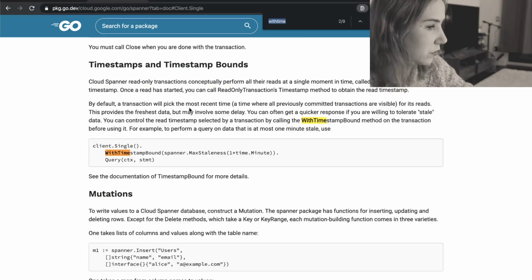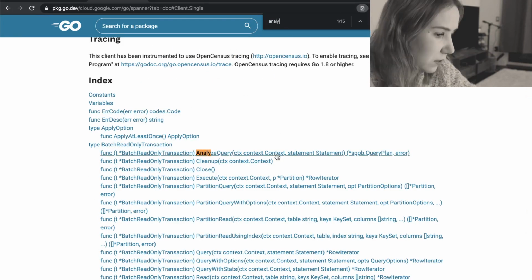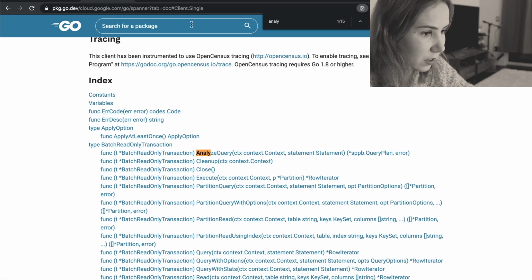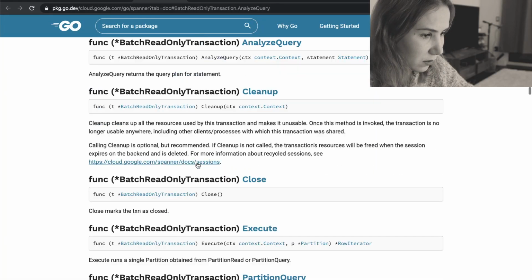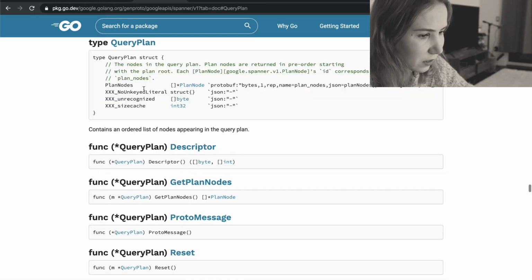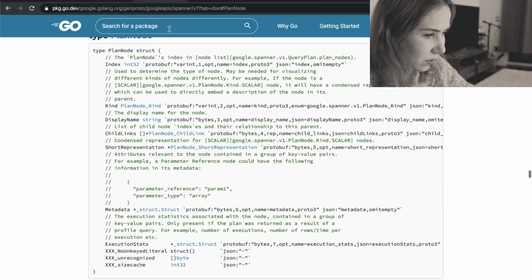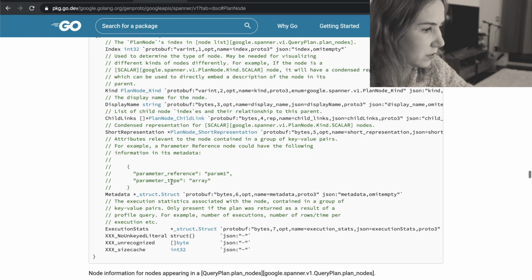One thing that I can show you is, on the Go client at least, there's this analyze query. This takes the query, which is the statement here, and returns you a query plan. The query plan is kind of funny. It has some nodes, and they have some display name, some short representation.